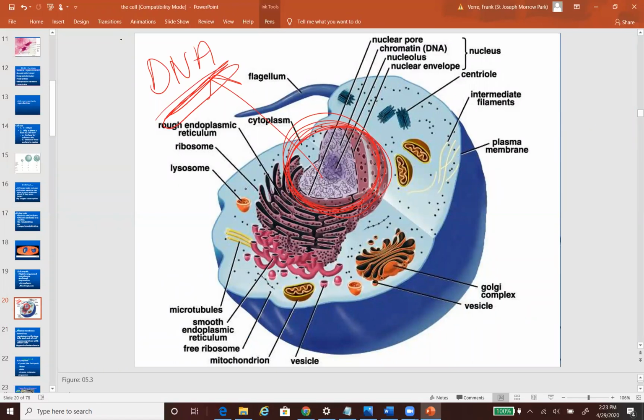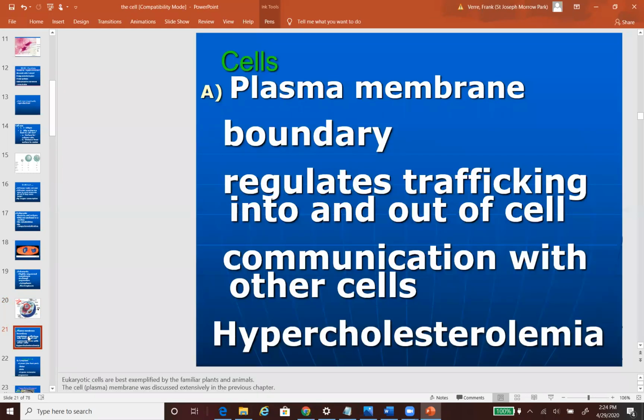Imagine a molecule of glucose out here. Glucose is sugar, and the cell needs it, maybe to make energy. Well, that molecule of glucose has to get into the cell and stay in the cell. In other words, the cell has to be able to bring it in without losing it. That's the role of the plasma membrane. It has to be able to control what goes in and what goes out.